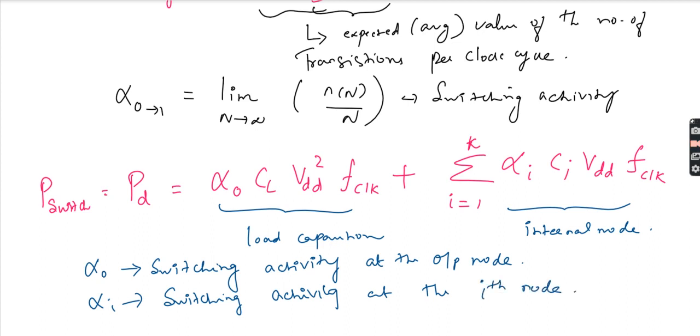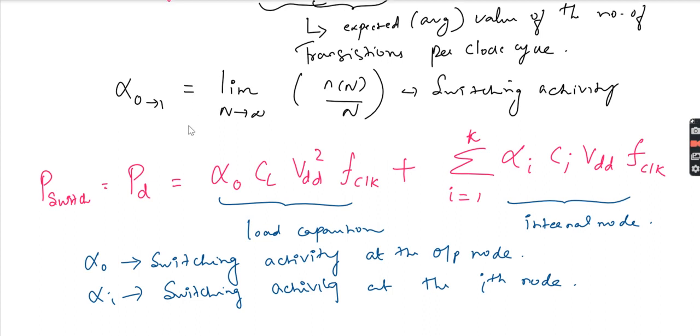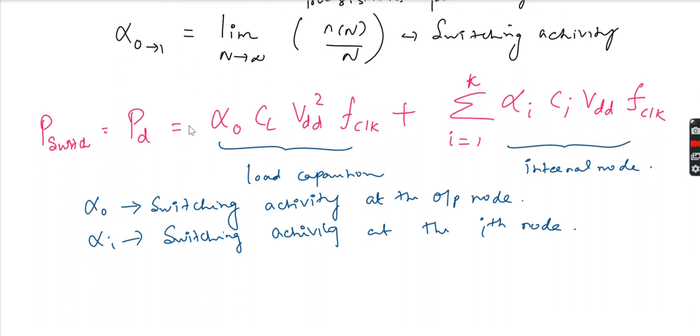At the ith node, where F is the clock frequency. Now we can say the dynamic power dissipation purely depends on four factors. The first factor is the switching activity factor. The second is the load capacitance.